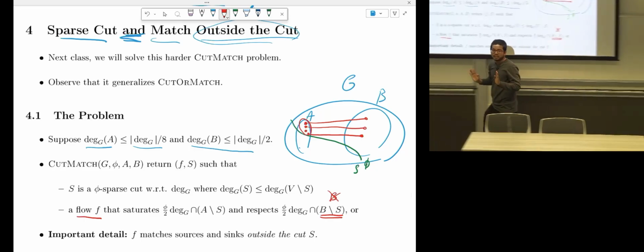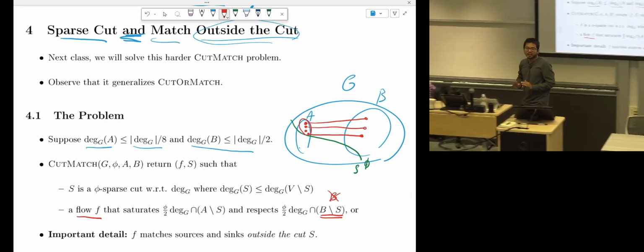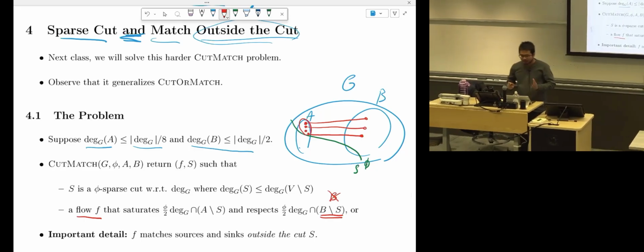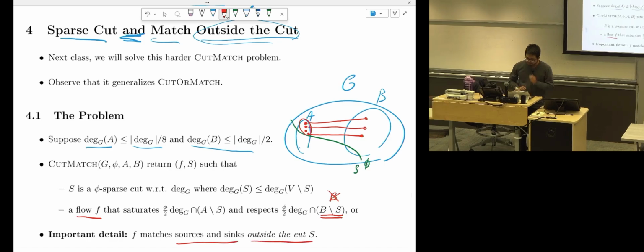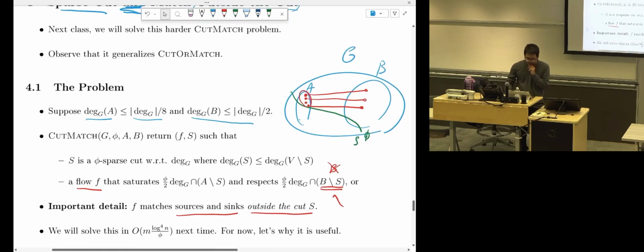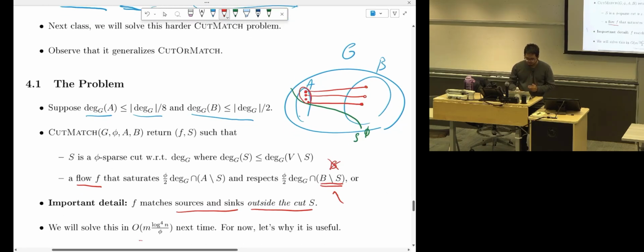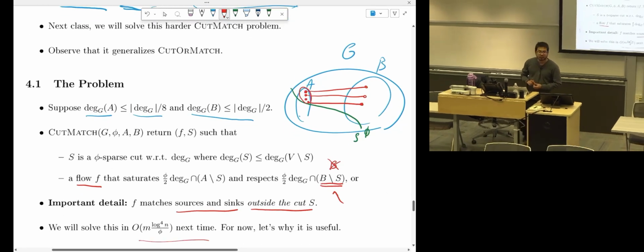And we need this. That is kind of important. Seems like a small thing, but actually it's important. So it meshes source and sink outside the cut. We're going to solve this in the next class. But for now, let's see why it's useful.